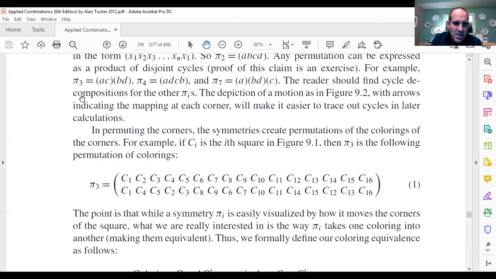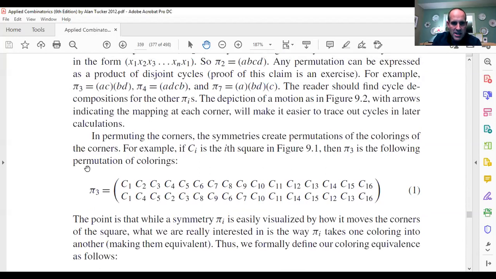Pi 3 itself, ACBD, induces a permutation on the colorings. So what does pi 3 do to coloring 1? Okay, pi 3 is the thing that just flips A and C back and forth. That flips the diagonals back and forth among each other.